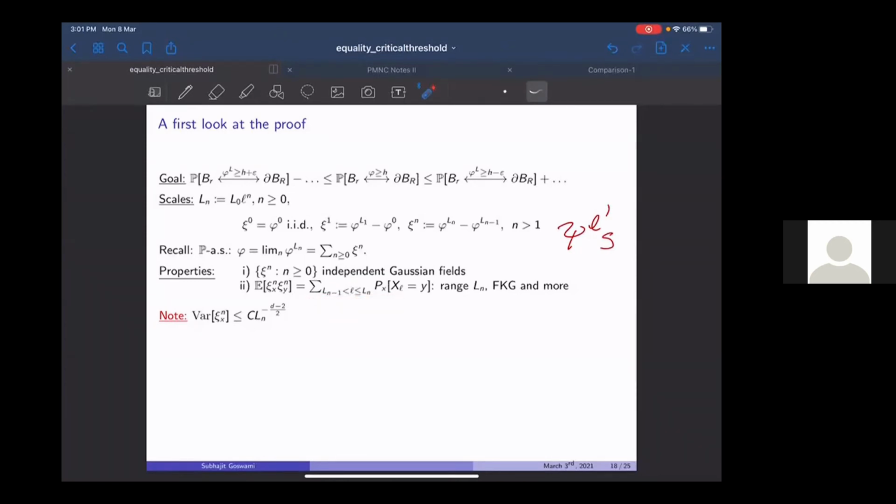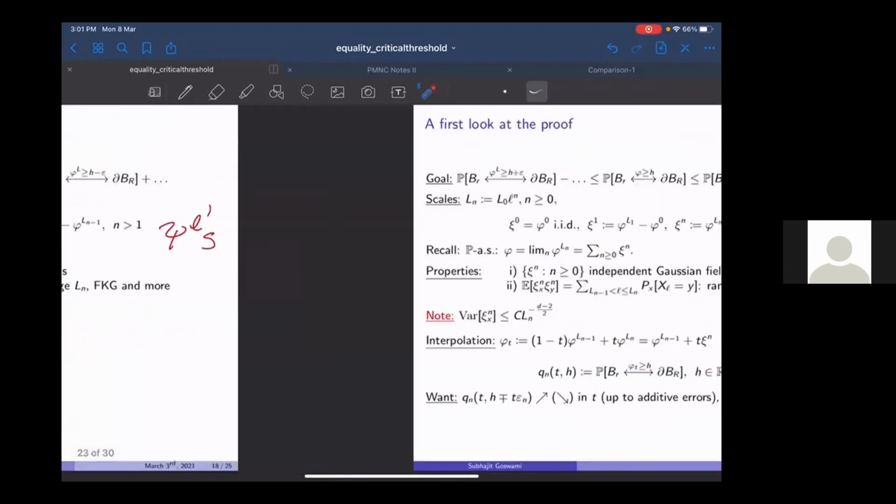One important thing, which I didn't specify quantitatively last time, is that the variance of xi xn decays polynomially in Ln. Okay, so it actually converges quite fast, if you see. But although, in domains with a size which is commensurate with Ln.